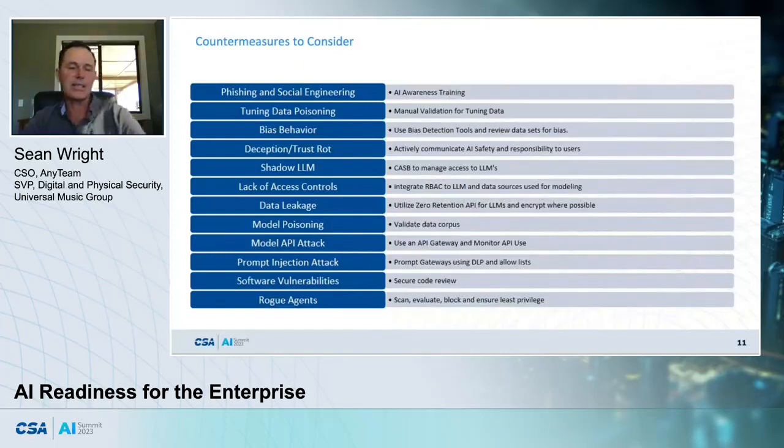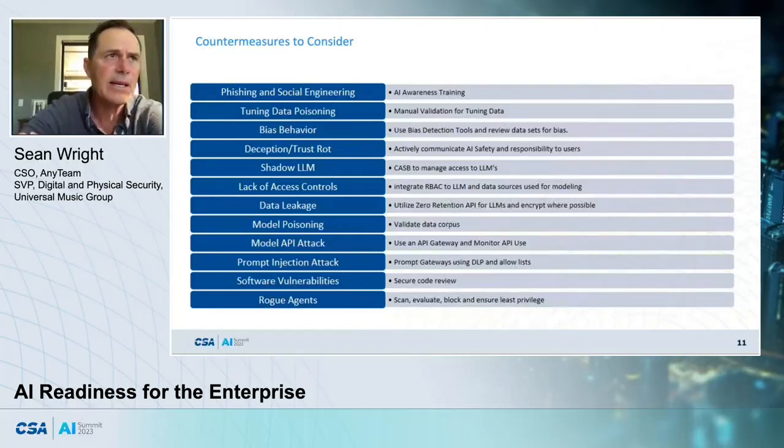Software vulnerabilities, this is something I probably don't need to talk a lot about. I think most organizations have a security program that's dealing with software vulnerabilities in one way or another. This should not be limited to just those environments or just what's in place today, but should extend into anything being deployed on the AI technology front.